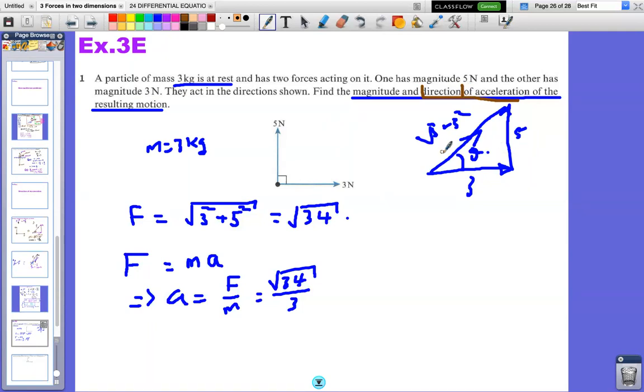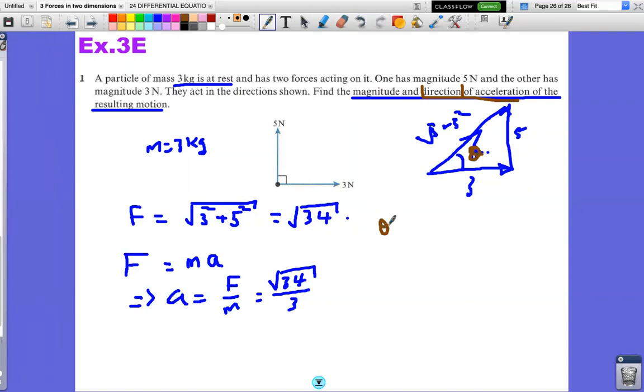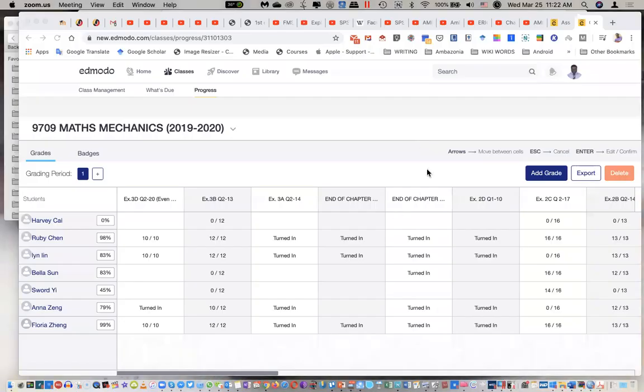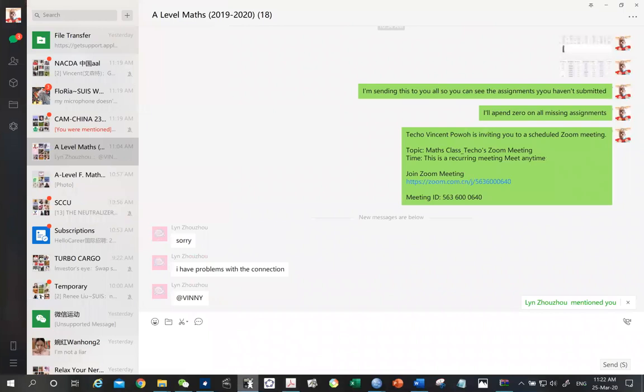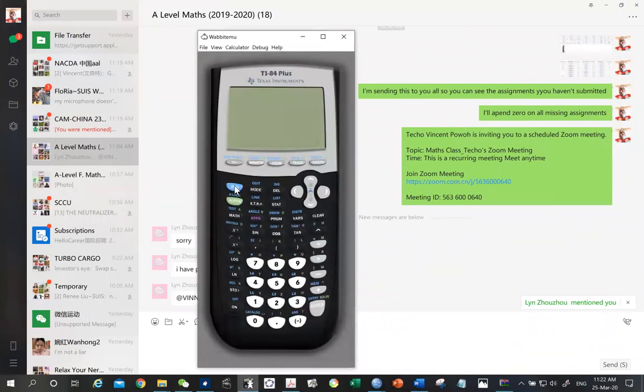So to find direction, we simply find the angle theta. So theta is tan inverse of 5 over 3. What is tan inverse of 5 over 3? Let me use my calculator. Let me put it in degrees. I like degrees for this problem.